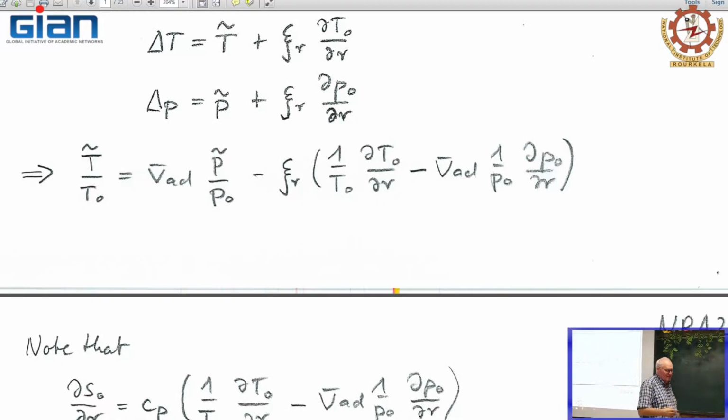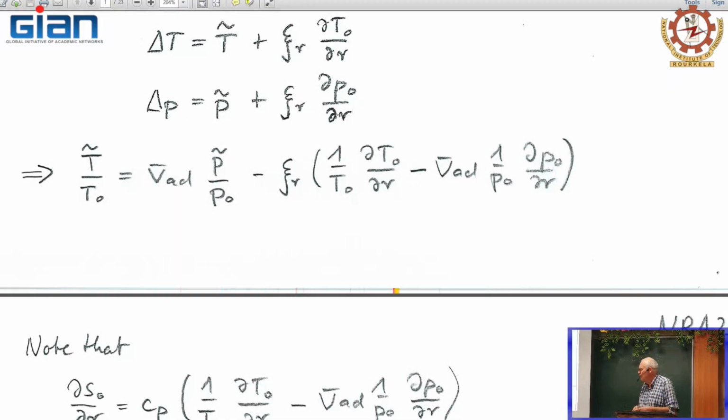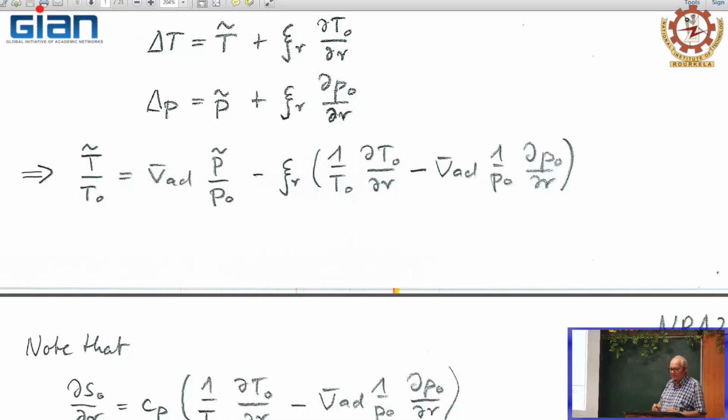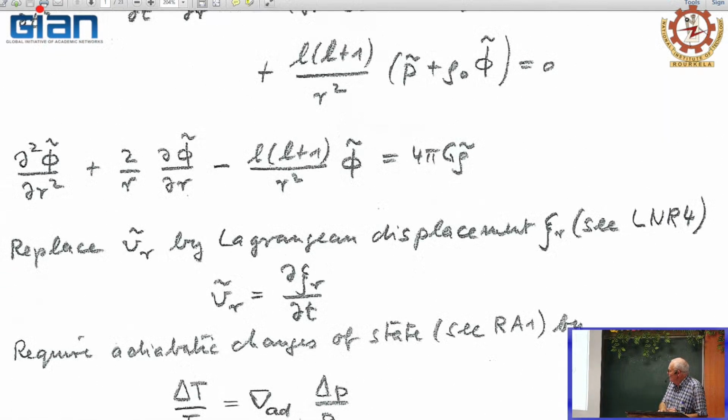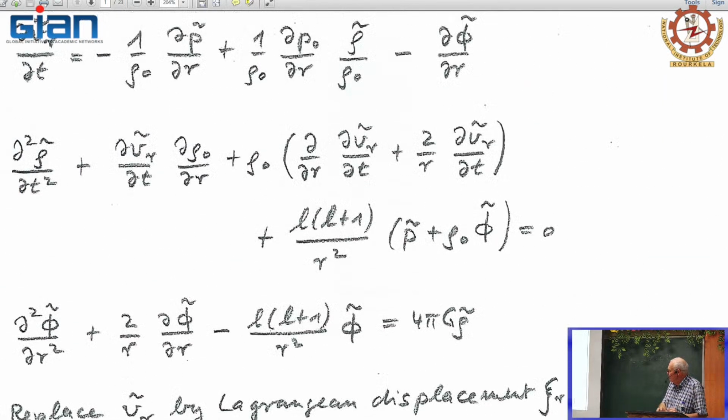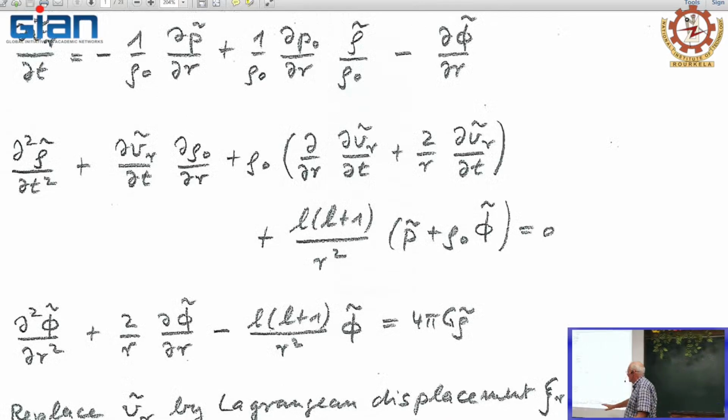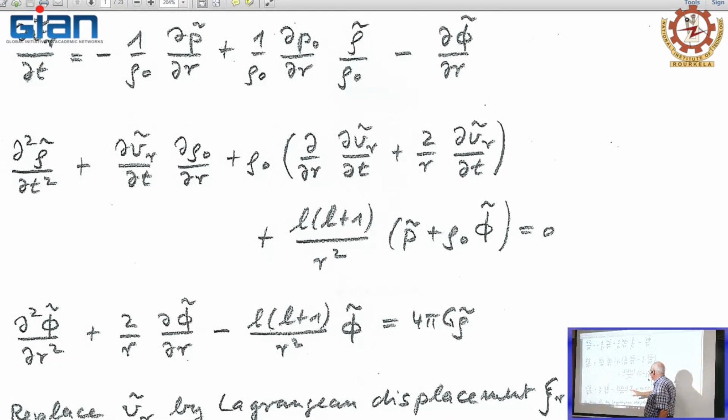We can then replace also the temperature variation by pressure variation and the Lagrangian displacement. So by this means, we can get rid of density perturbation and temperature variation. This means in the original equations, we are left with, of course, the potential perturbation, which will still be there. Density will be replaced by pressure perturbation, and temperature will be replaced by pressure perturbation and Lagrangian displacement. So we are left with pressure perturbation and Lagrangian displacement here.